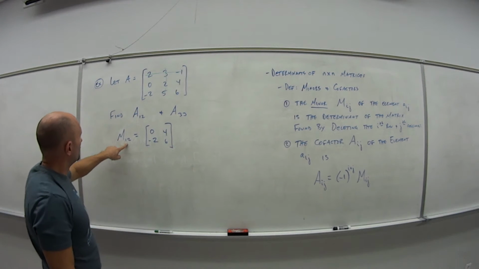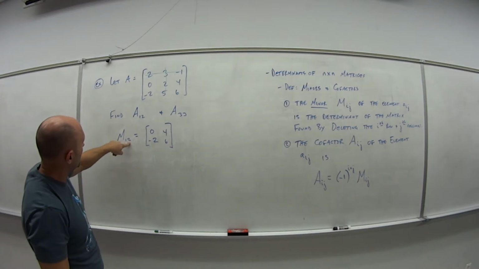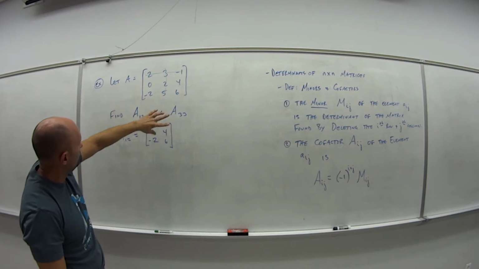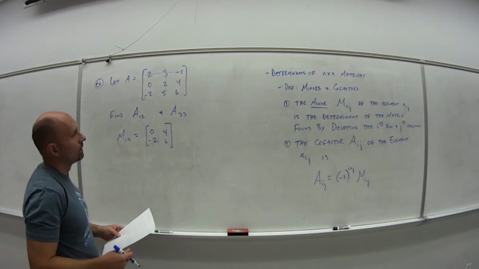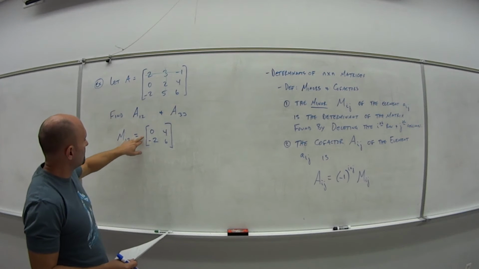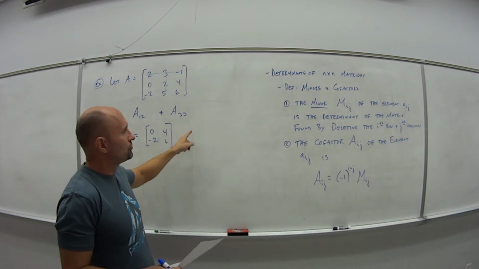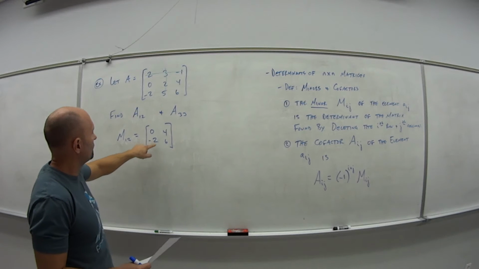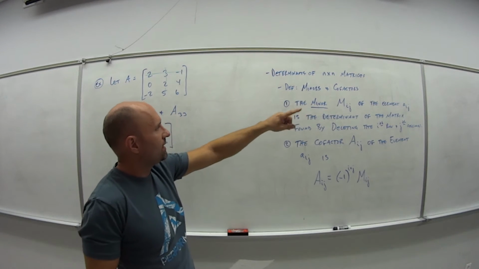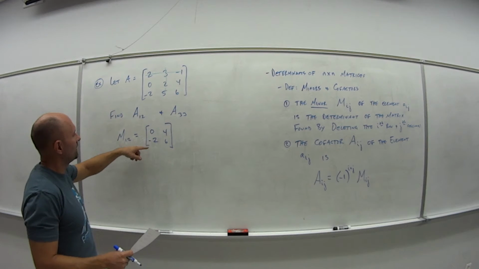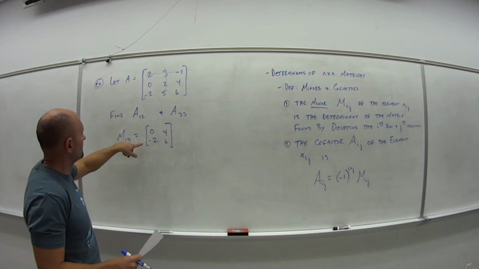So I want M12, I cross off row 1, column 2, and when I do that, what's left over? So that's the matrix. So now I want the determinant of this guy, because that's what the minor Mij of that element is, the determinant found when I delete that.